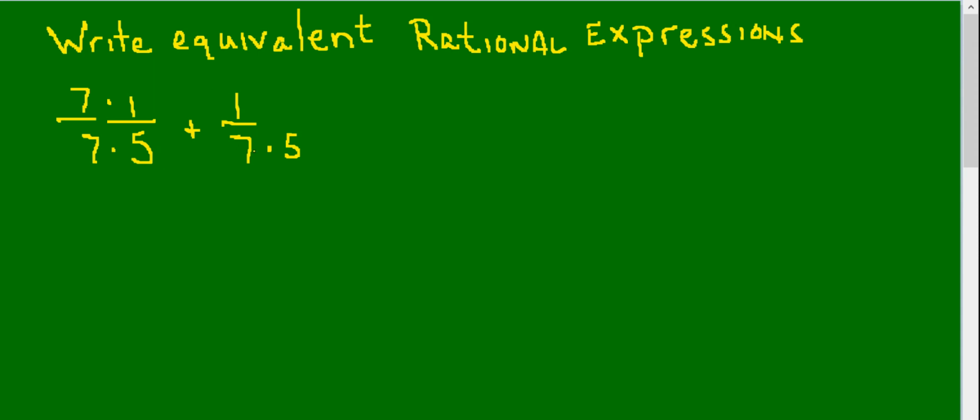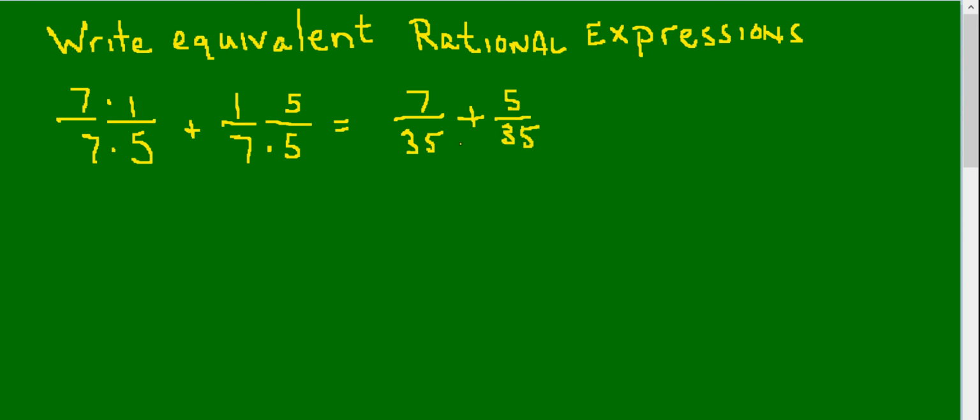And with this 1 over 7, I'm going to multiply this fraction by 1, in the form of 5 over 5, because 5 over 5 equals 1. So now this problem becomes 7 over 35 plus 5 over 35.